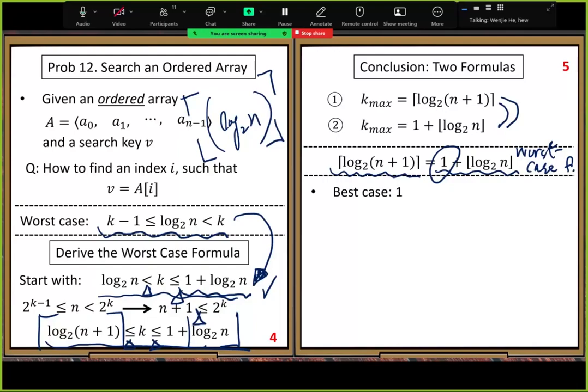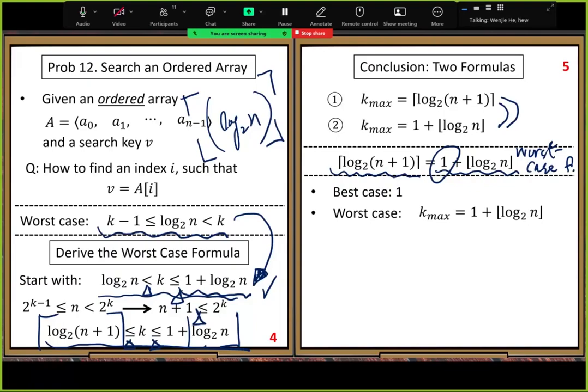We do not have a lot of time. Let me just say a few more words, because we cannot complete this topic today. Let's say what we are going to do next. Now, the best case we know, 1. The worst case we know, we have the formula, K-max.